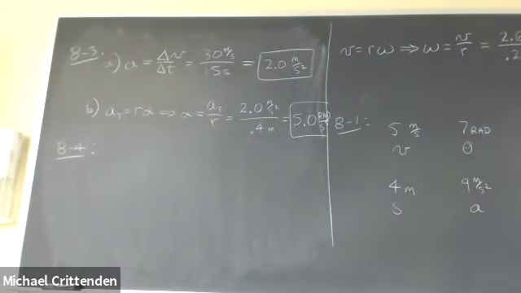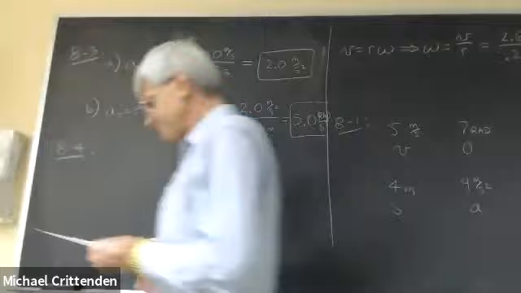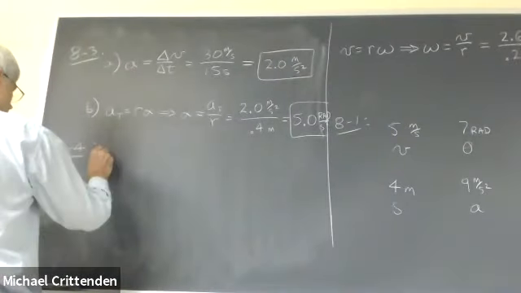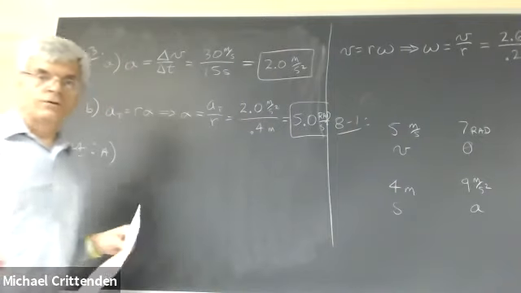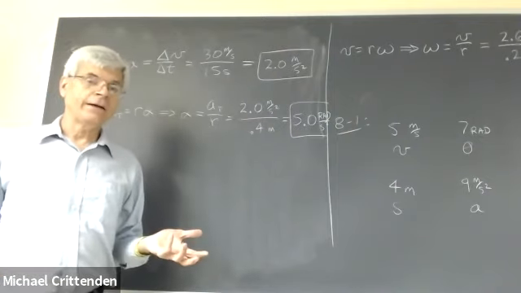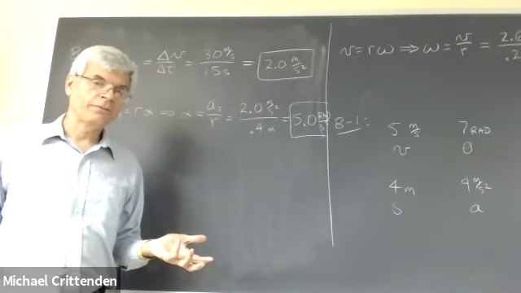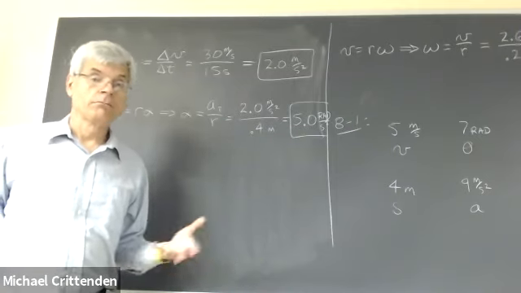So the first thing it asks for is the angle it has turned. Part A. So what is theta when it is turned 30 revolutions?